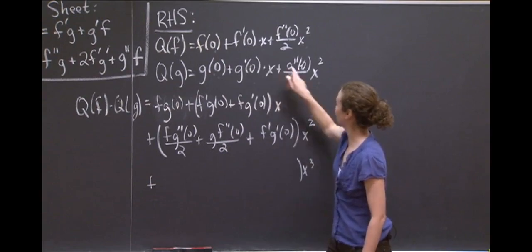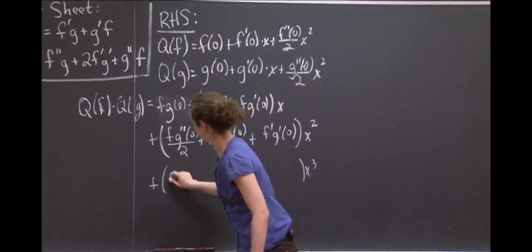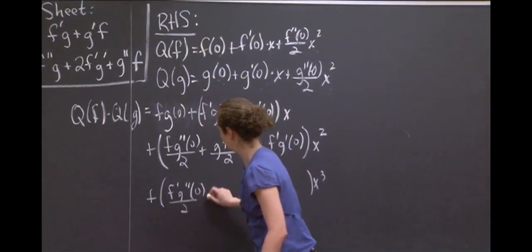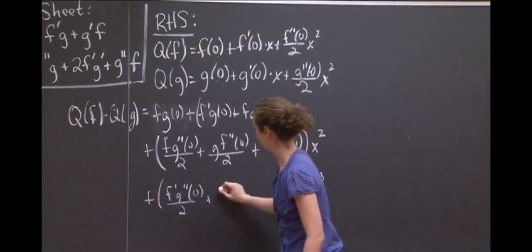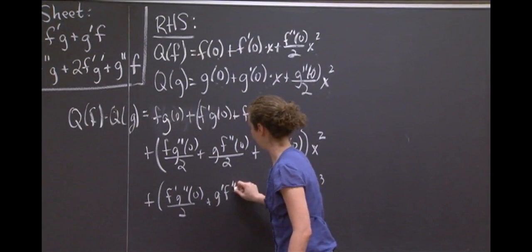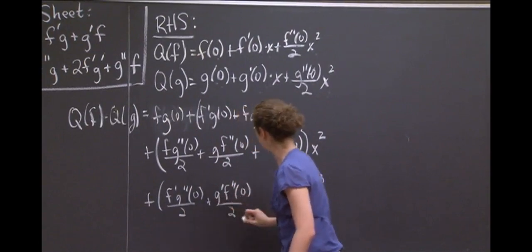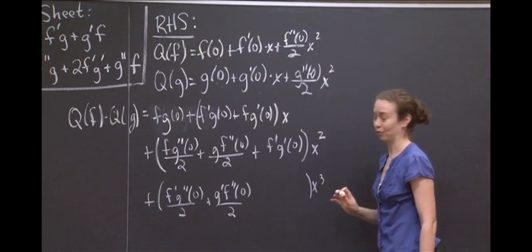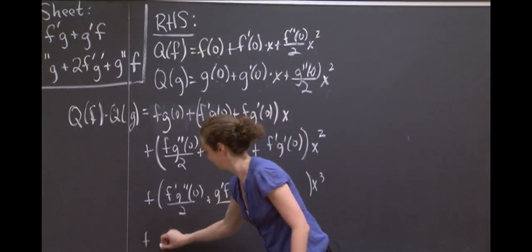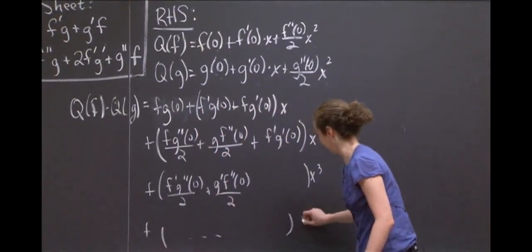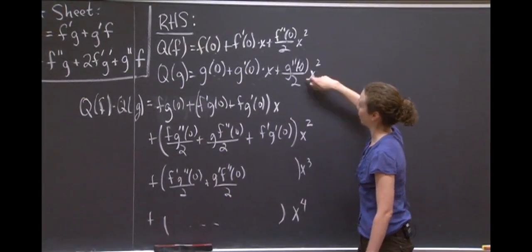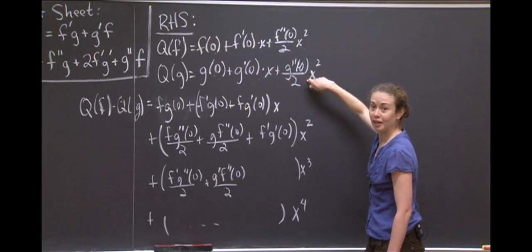So the x cubed terms are f prime g double prime at 0 over 2 plus g prime f double prime at 0 over 2. And those are my x cubed terms. And then I get some x to the fourth terms. And where do the x to the fourth terms come from? They come from this product, right?